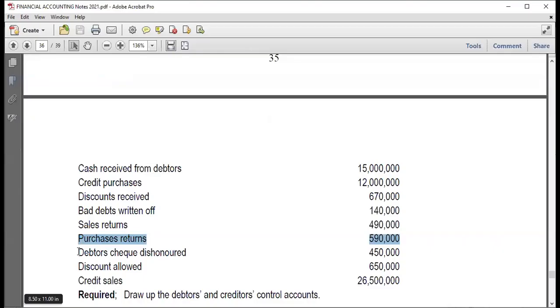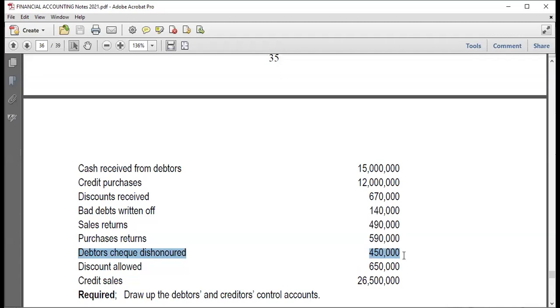Then I'll move to debtors cheque dishonoured. Debtors cheque dishonoured, okay? Now, debtors cheque dishonoured relates to the sales ledger control account or the debtors control account. In this case, it is the cheque that we received from our customers that is void, null and void. So we should basically reinstate the debtors by value.